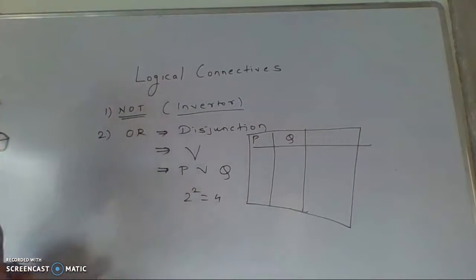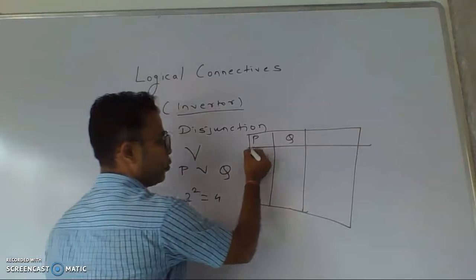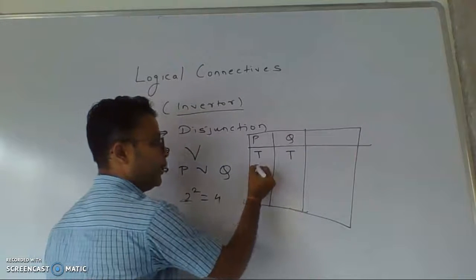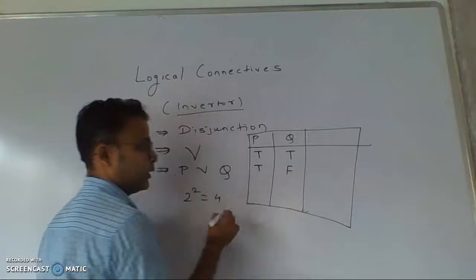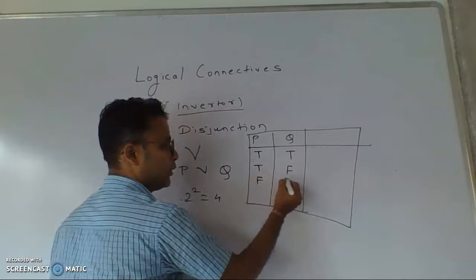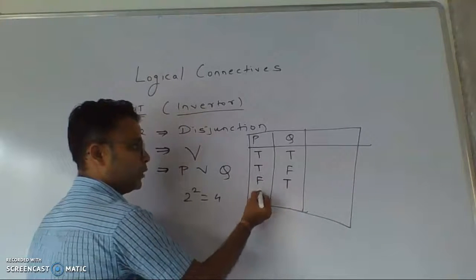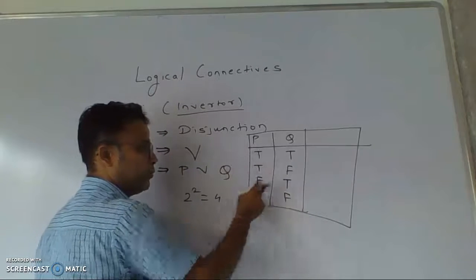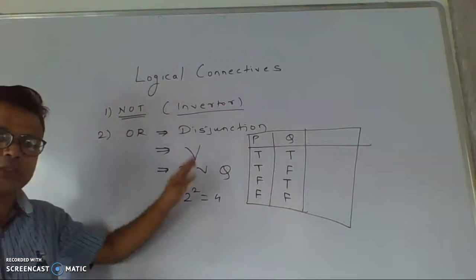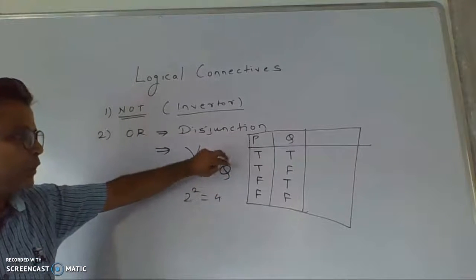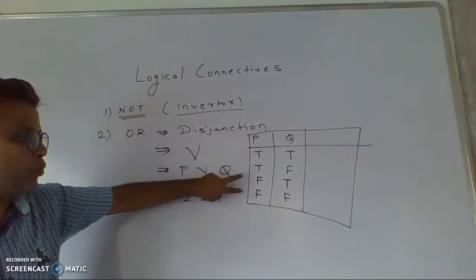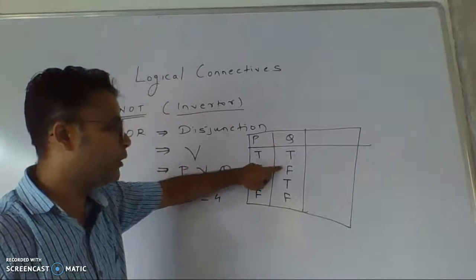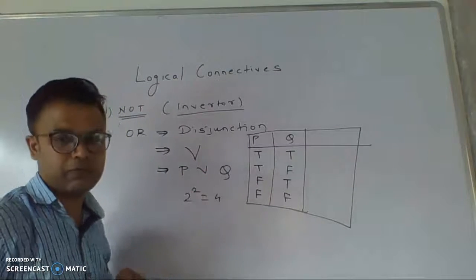The four combinations are: P true, Q true; P true, Q false; P false, Q true; and finally P false, Q false. How to write these columns? If there are two statements, then for the first column P write 2 times T, 2 times F, and for the second column Q, 1 time T, 1 time F, 1 time T, 1 time F.